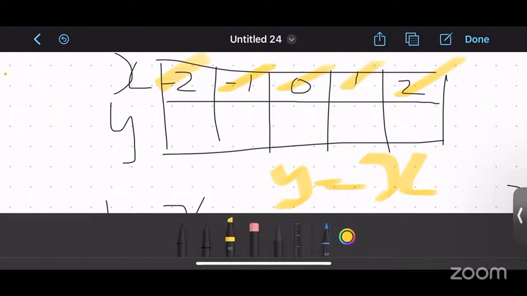With the table method, you're going to pick 5 or 3 x values, and on those values you must make sure that you have the positive and the negative and also 0, like we have here. So what you're seeing here are your x values.